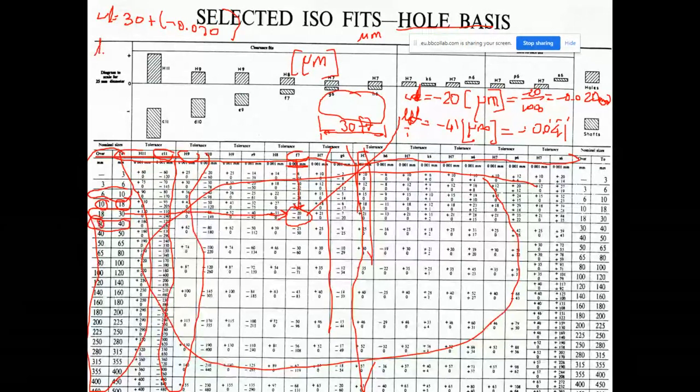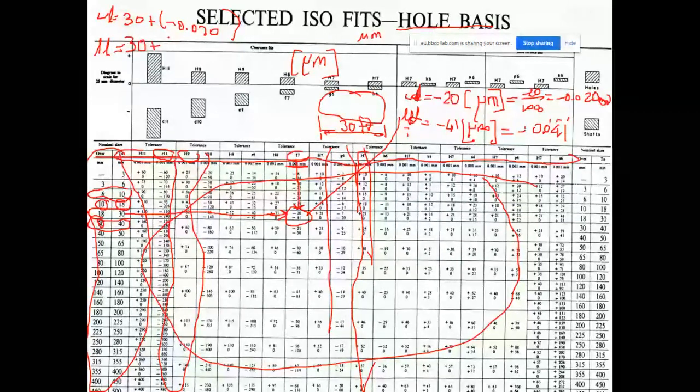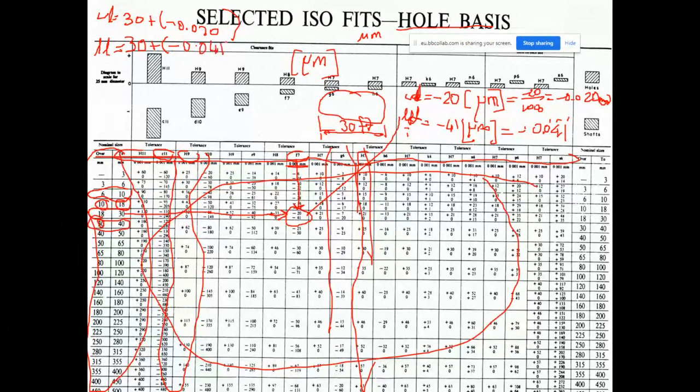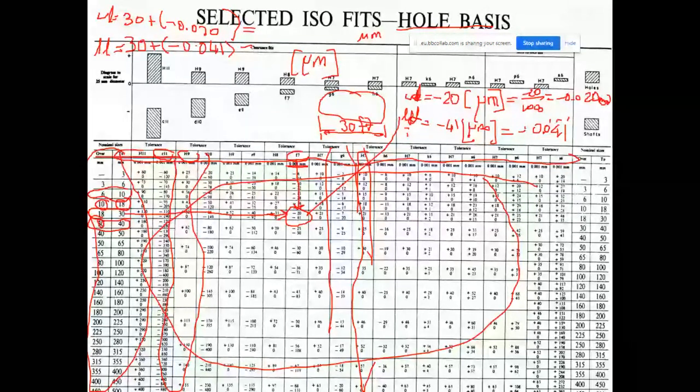Lower limit is equal to 30 plus, in the parentheses, minus 0.041 millimeters. If it is negative, then it is going to be subtraction. Okay, calculate and then write.